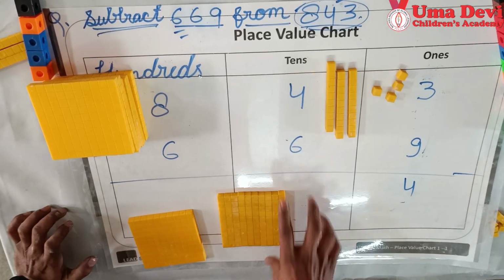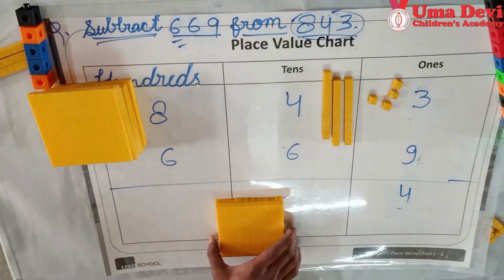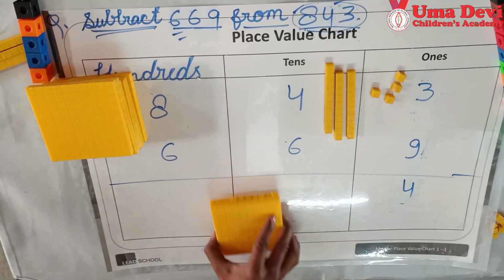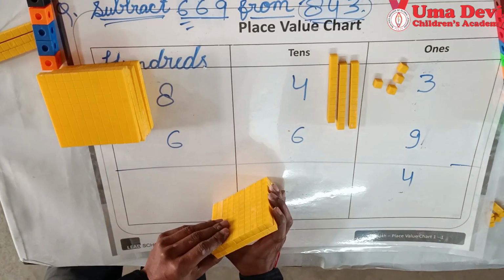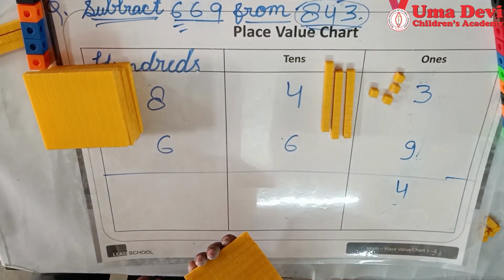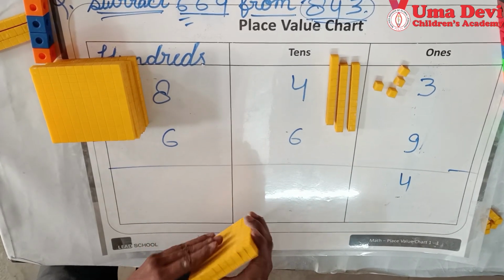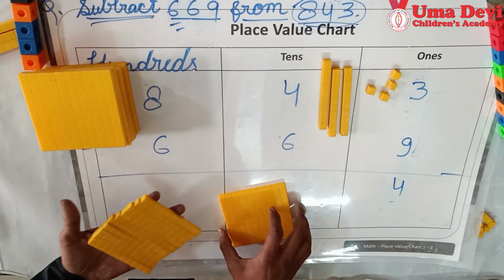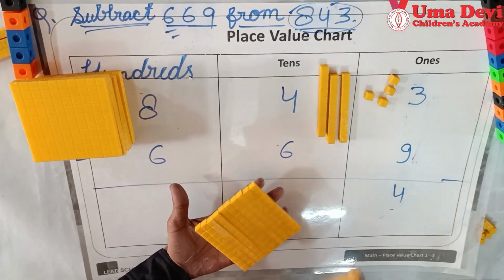Look here, this is a hundreds block, which means in a hundreds block we can put 10 tens blocks. Look, I am putting this at this; both are the same shape. Can you see any difference? No. It means 10 tens blocks make a hundred, so we can replace this 100 with these tens.